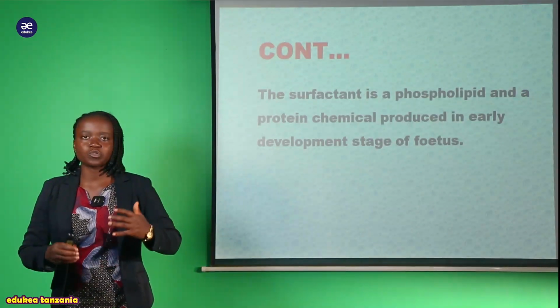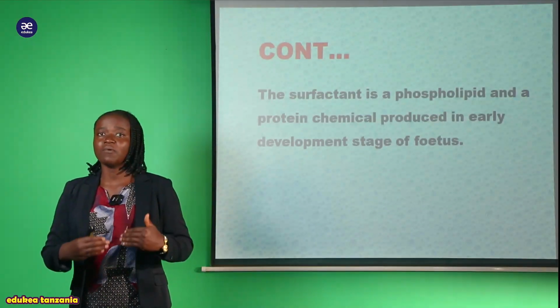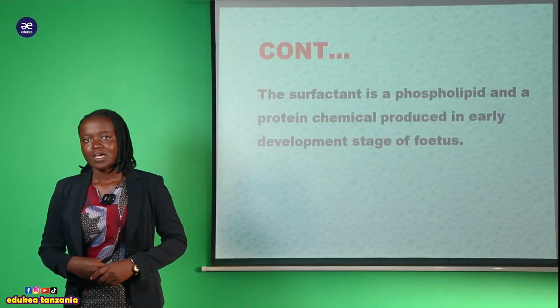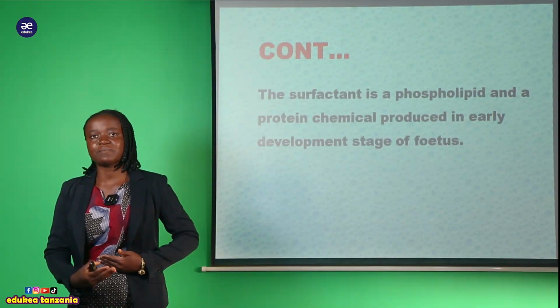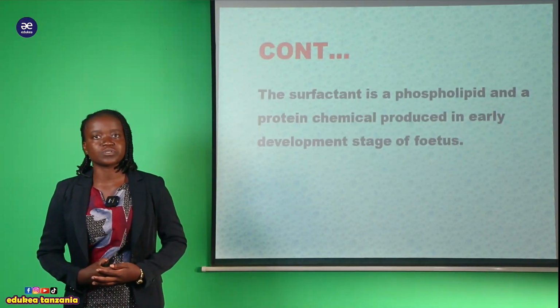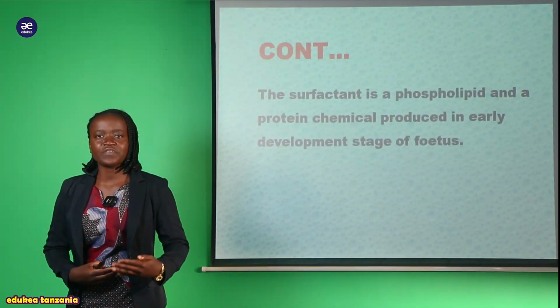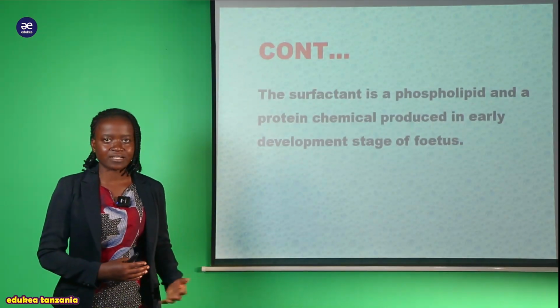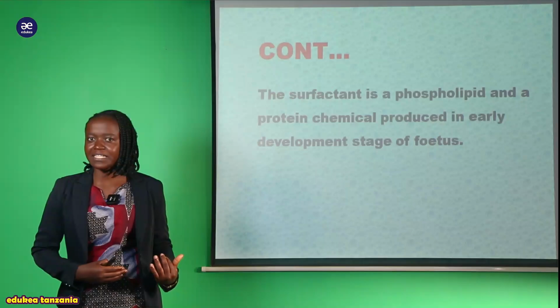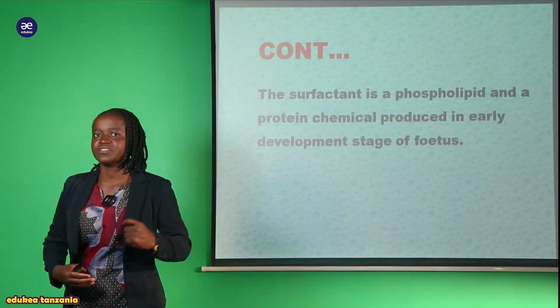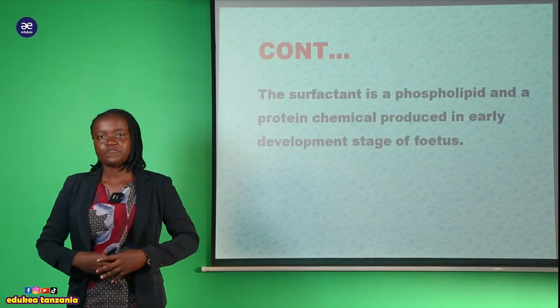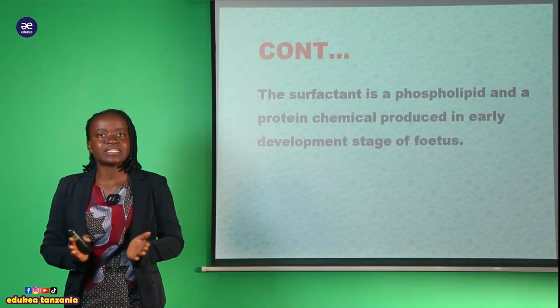Kwa maana kwamba pale mtoto ambapo anakuwa in the womb of a mother. Akiwa kwenye womb of a mother ndipo ambapo different organs are produced. So and one of the organs that are produced is the lungs. So hii surfactant inaproduciwa on the early stage before ile lungs haijatengenezwa.